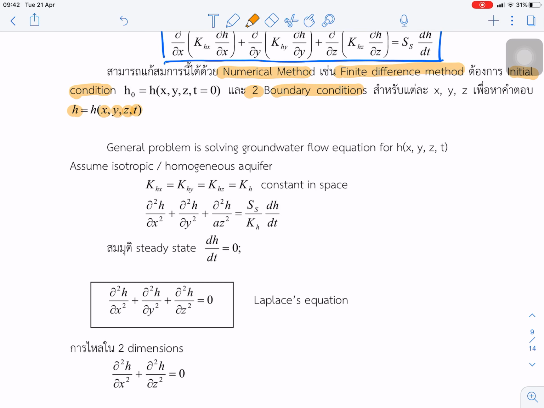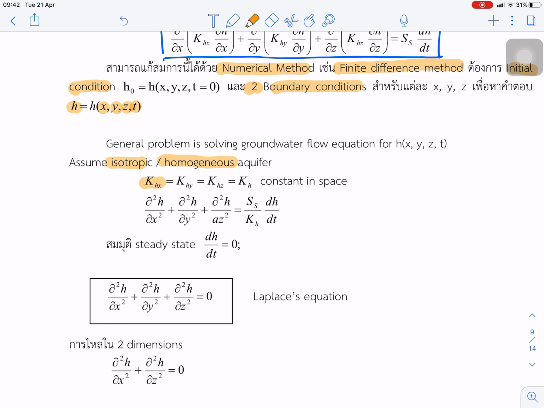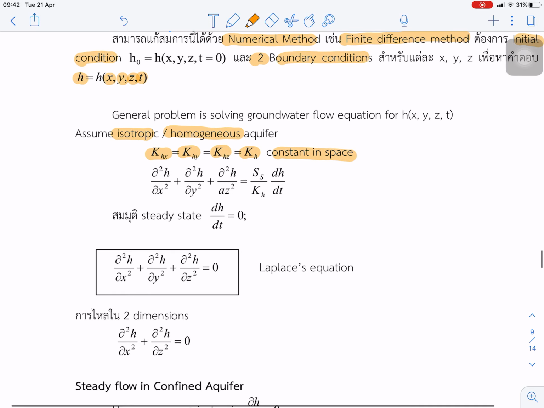To generalize the problem of solving the groundwater flow equation, we can assume the aquifer is isotropic, so it doesn't change with direction, and homogeneous, so it doesn't change in space. So K is constant in space, and we can get this equation.